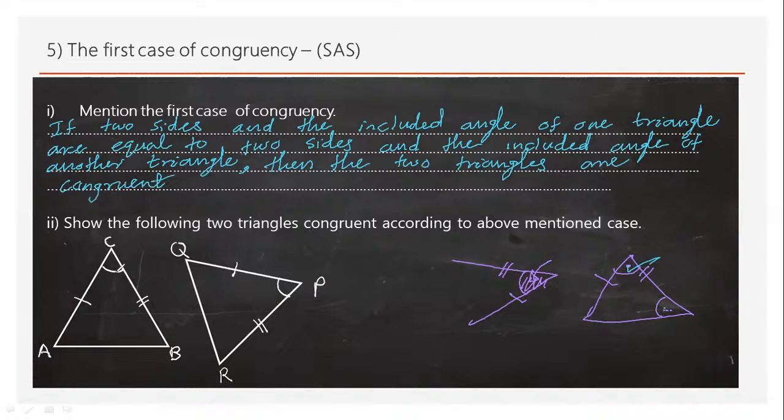Look at here. Now we are going to check this one. Show the following two triangles congruent according to the above mentioned case. Look at this triangle ABC. The included angle is this angle C. The included angle is this angle P. Then two sides and the included angle of this triangle are equal to these two sides and the included angle P. So these two triangles are congruent.